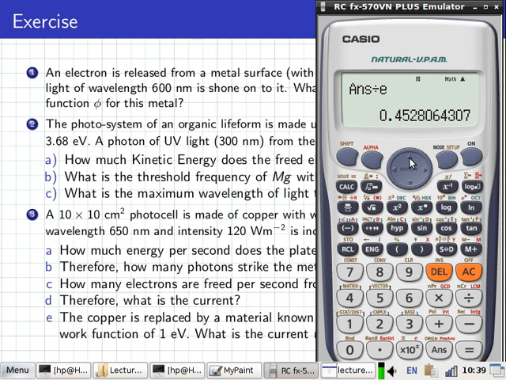To the previous calculation? Yeah. How did we get the threshold frequency?